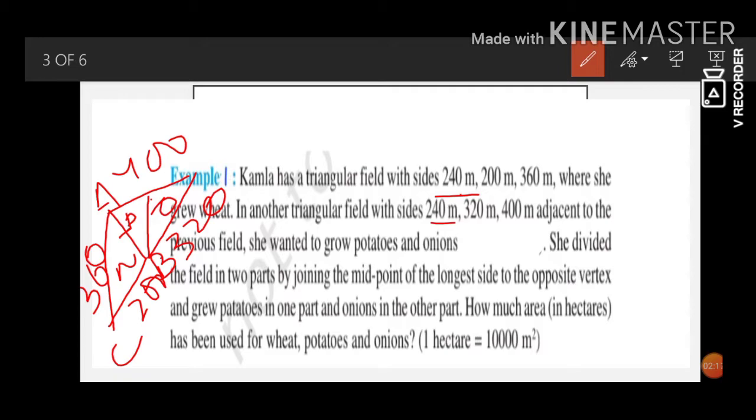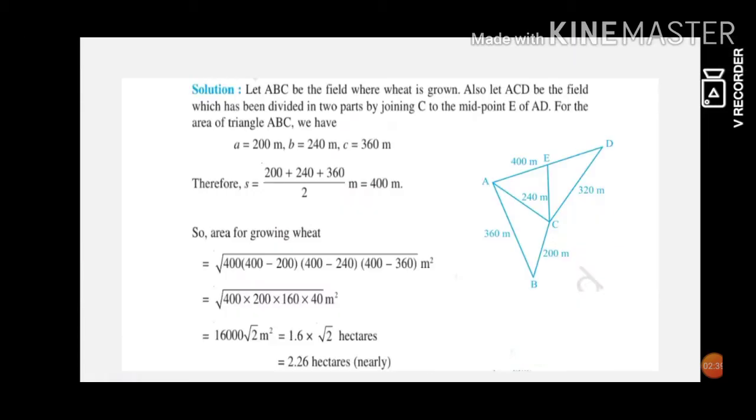So this is the diagram that we should be getting. Now the remaining part of the question asks how much area has been used for wheat, potatoes and onions. We have to find the area in hectares, and the conversion is given: 1 hectare is equal to 10,000 meters square. So let us see how to solve this sum.